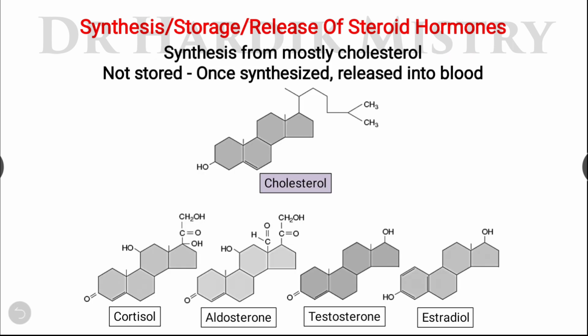Now synthesis, storage and release of steroid hormones. The steroid hormones are synthesized mostly from cholesterol, and these are not stored. Once synthesized, they are released into the blood. These hormones include cortisol, aldosterone, testosterone and estradiol.